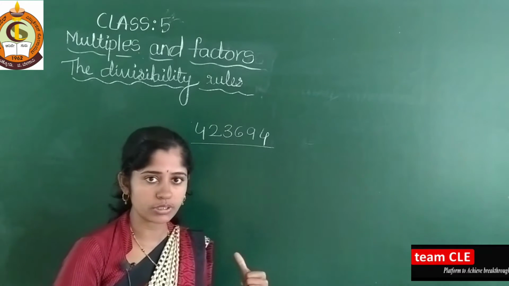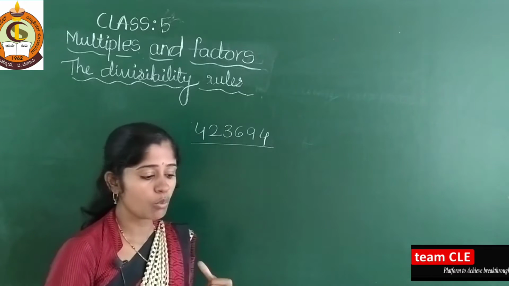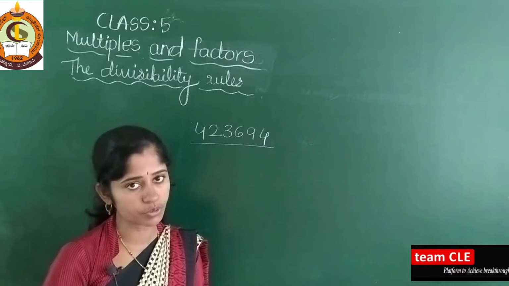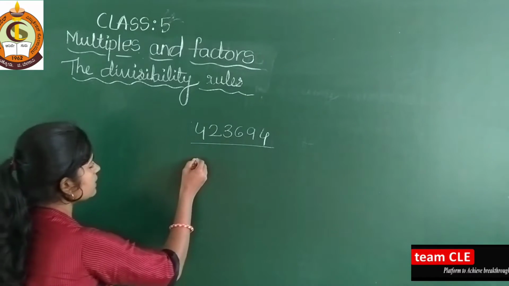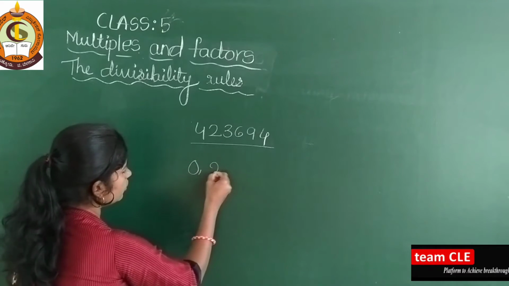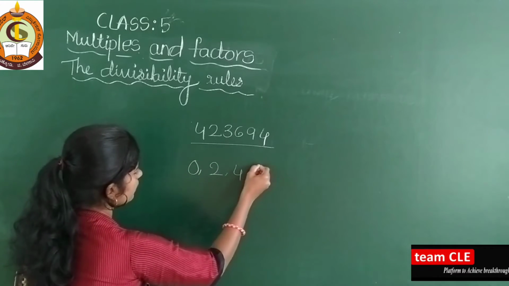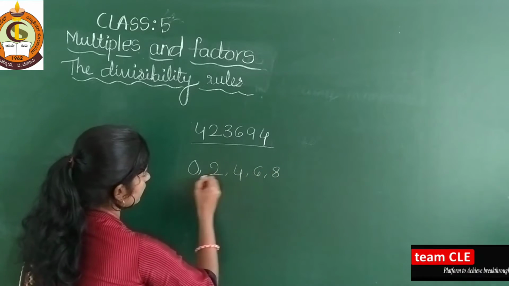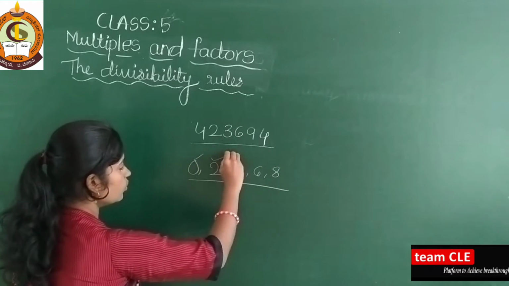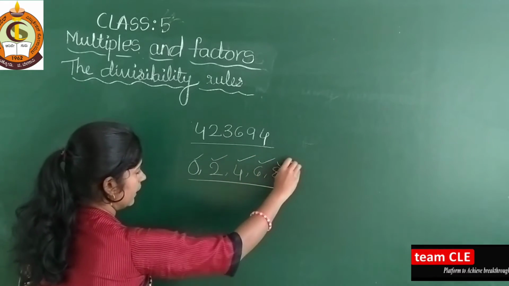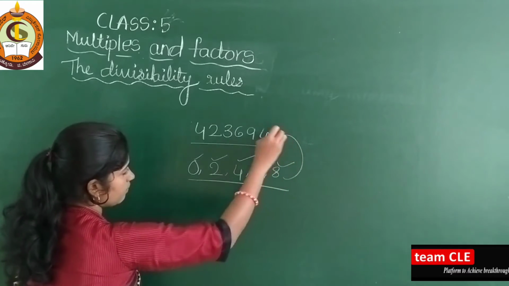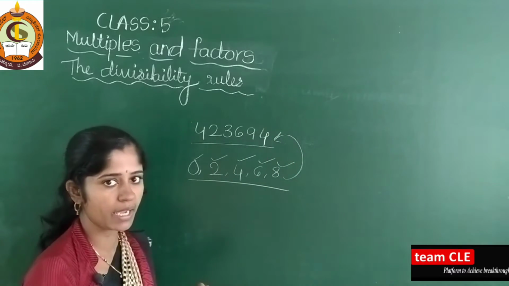Because I know the divisibility rules. Then what is the divisibility rule of 2? See here, if 0, 2, 4, 6, 8 is in the ones place, that number is completely divisible by 2.